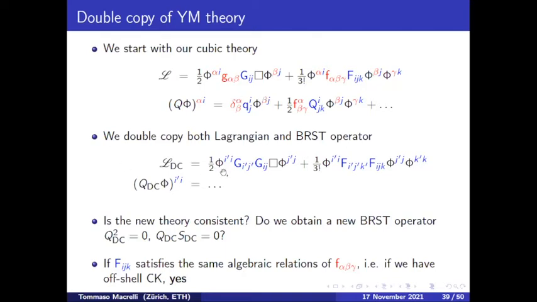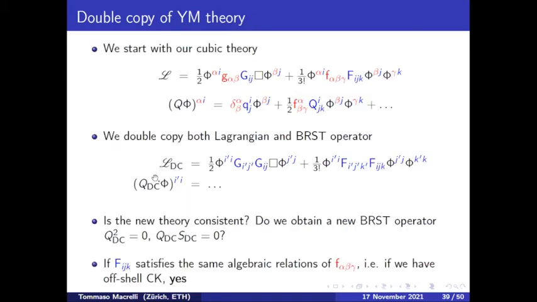We obtain a new theory and a new BST operator. Now, is what we have obtained consistent? We need a BST operator that squares to 0 and an action that is invariant under the new BST transformation. The answer is, if the kinematic structure constants satisfy the same algebraic relations as the color structure constants, then yes. And this is indeed equivalent to requiring off-shell color-kinematic duality.